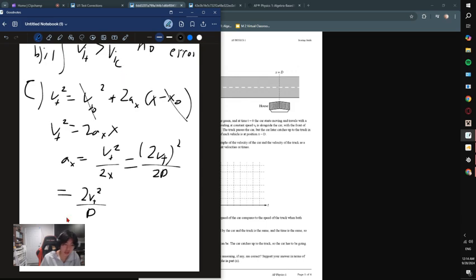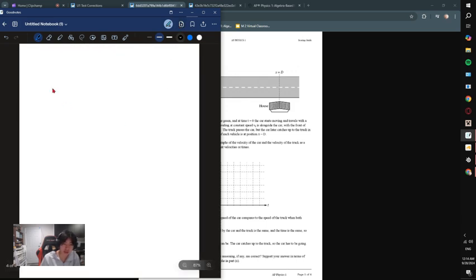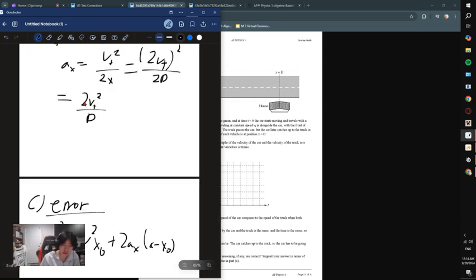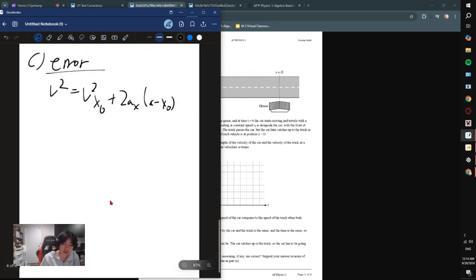And my error, let's make a new page, it's taking up a lot of space. C error. So I did use the correct formula, and I did plug in everything quite correctly, except, let's just skip all the math and go down to the a of x step, because I already showed my work for that. A of x equal to vt squared over 2d.